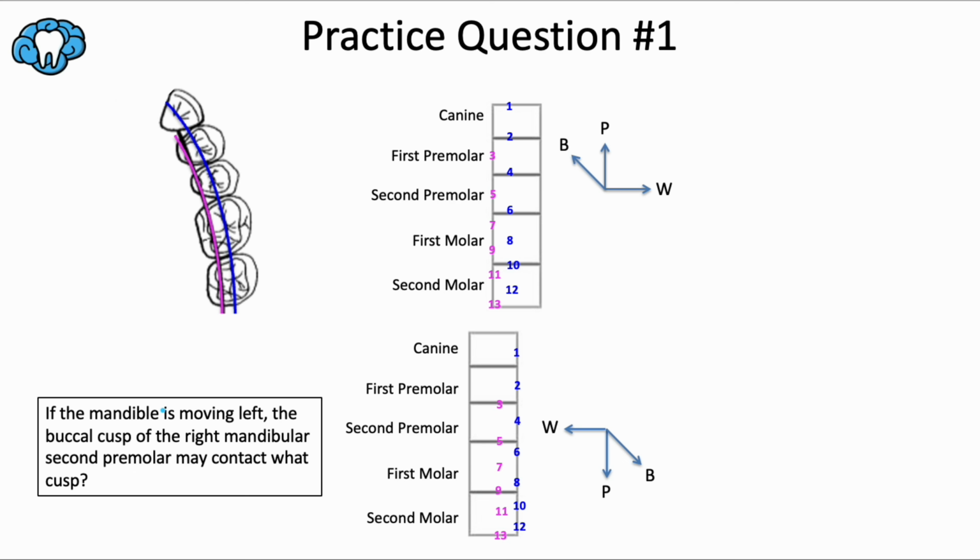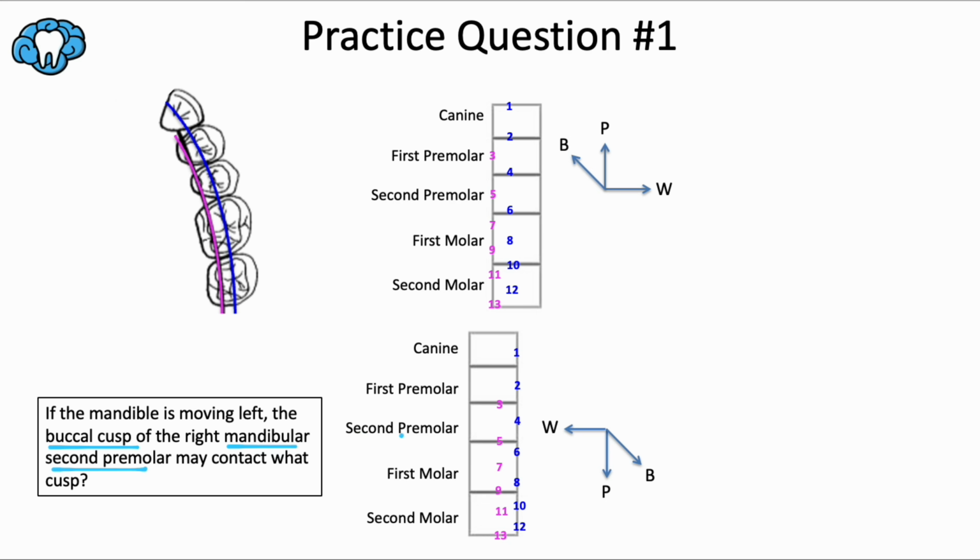So step number 1 is locate the cusp in question. Buccal cusp of the right mandibular second premolar. Okay, forget about right and left right now. We don't care about that. We just care about mandibular second premolar buccal cusp.